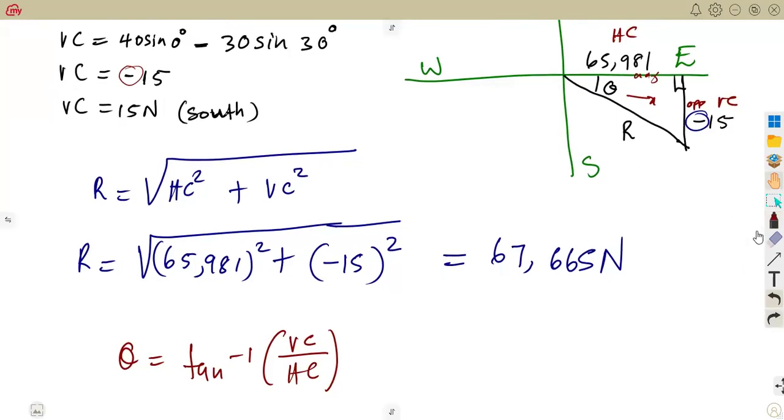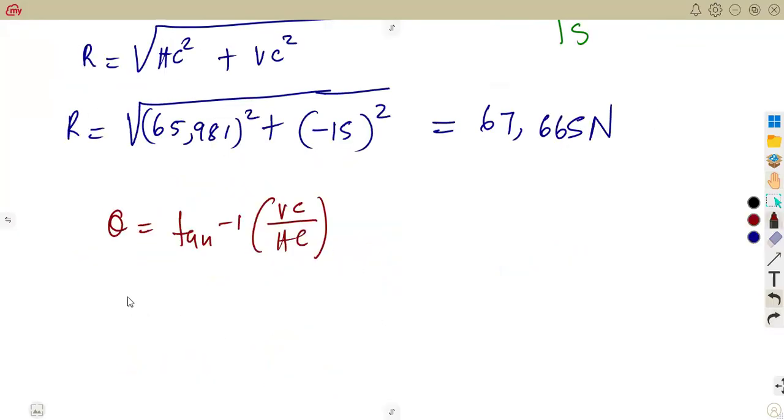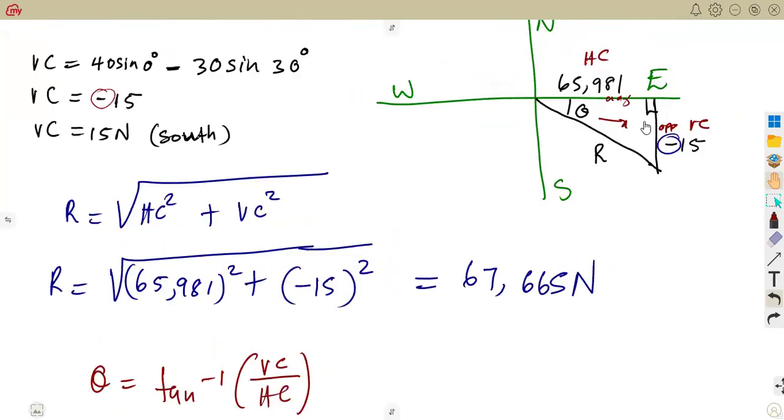Let us substitute. Remember, you just take them as positive values, not with the negative. That part is already explained in terms of the reference.